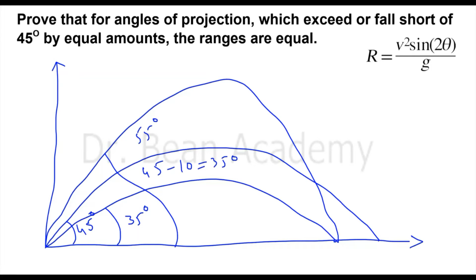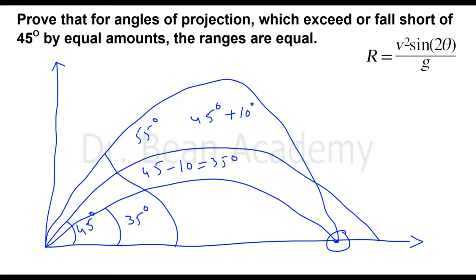So if I fire a projectile at 35 degrees, it will arrive at the same location. If I fire a projectile at the angle 55 degrees, it will still land at the same place. So 55 is actually 45 degrees plus 10 degrees.